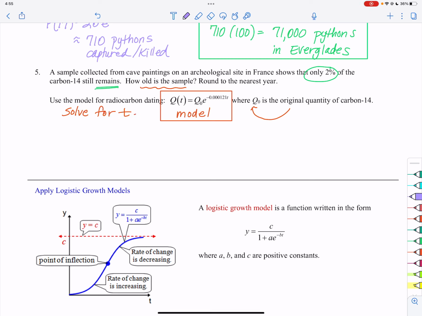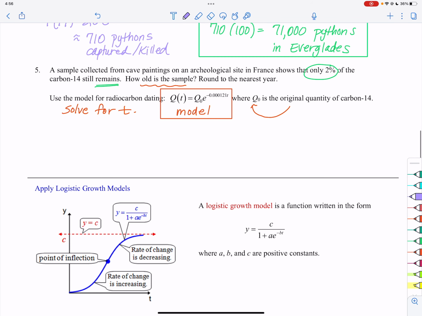Okay, so let's go ahead and do that. If only 2% remains, we have 0.02 multiplied by the original amount. That's what Q is equal to at some time.